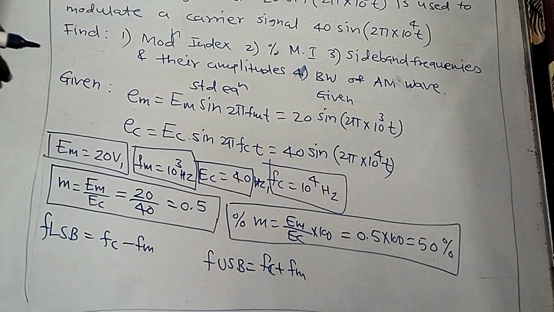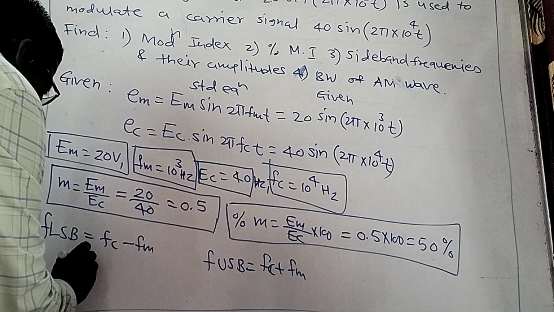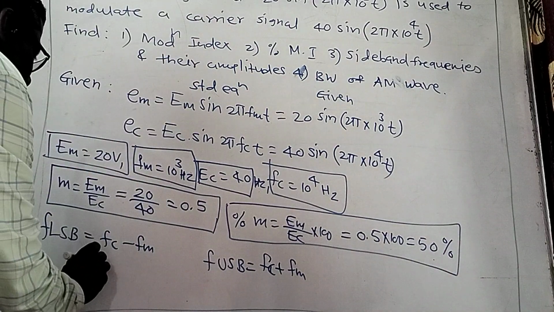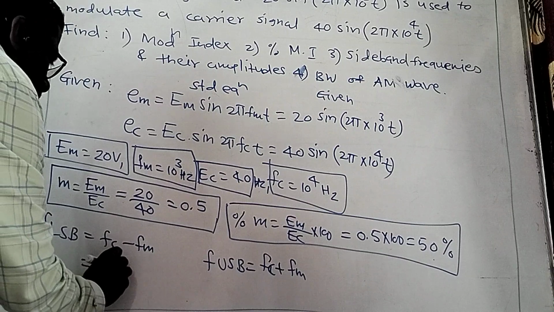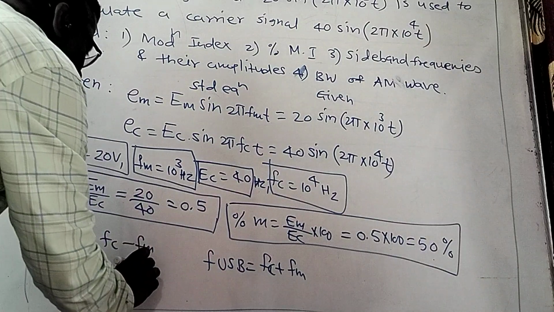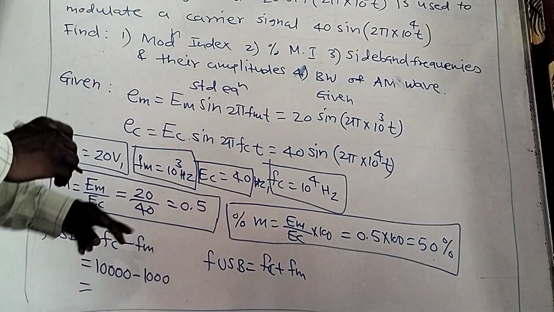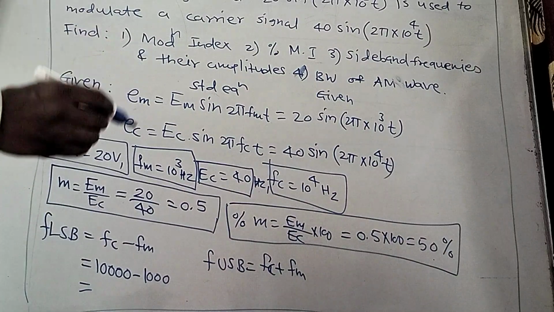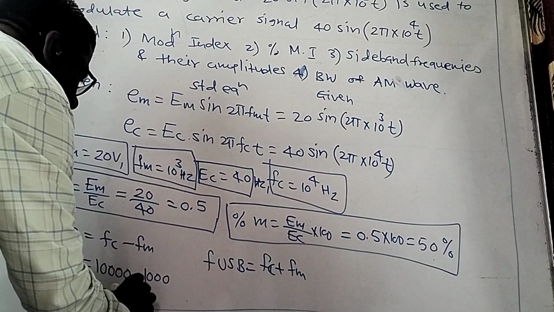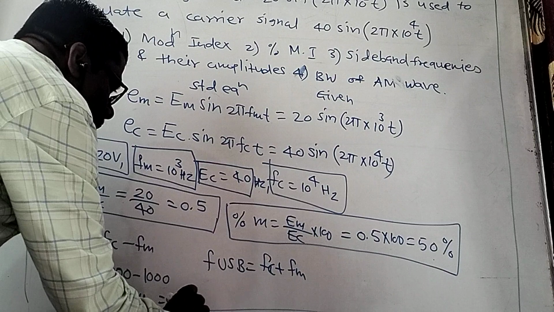We know FC, we know FM. So FLSB is equal to FC, that is 10 raised to 4, minus 10 raised to 3, that is 1000. That is 10,000 minus 1000, that is 9000 hertz, or we can write it as 9 kilohertz.